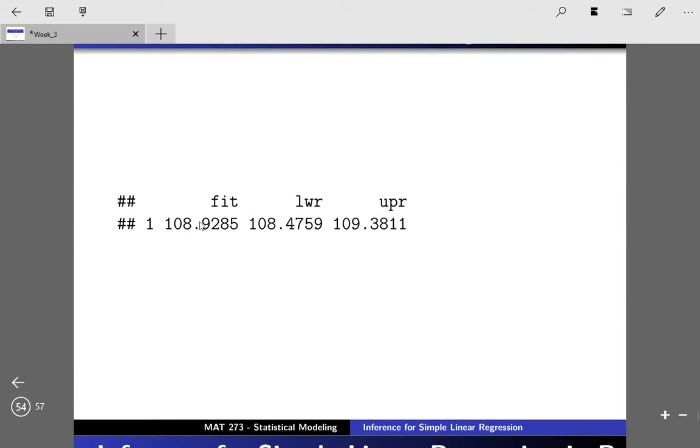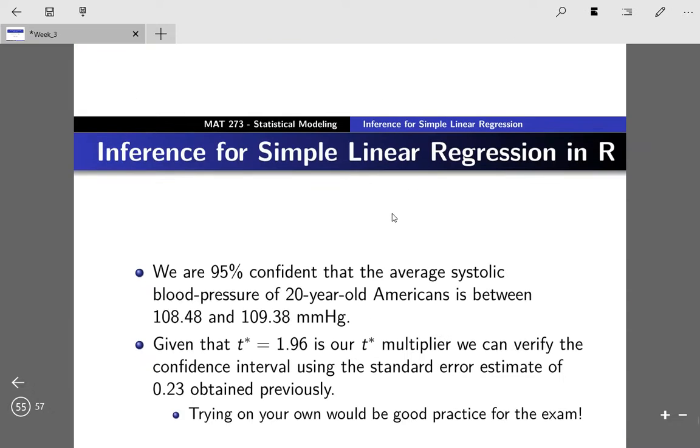And printing this using R, we have our predicted value again. And this is our lower bound for the mean interval, and this is our upper bound for the mean interval.